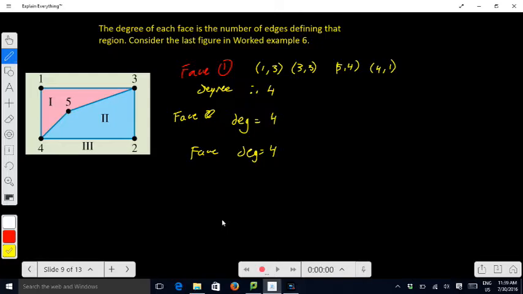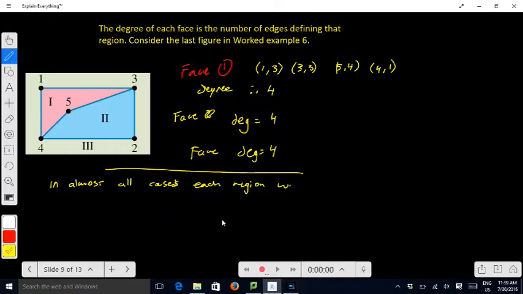So in almost all cases, each region will have a degree of at least 3.